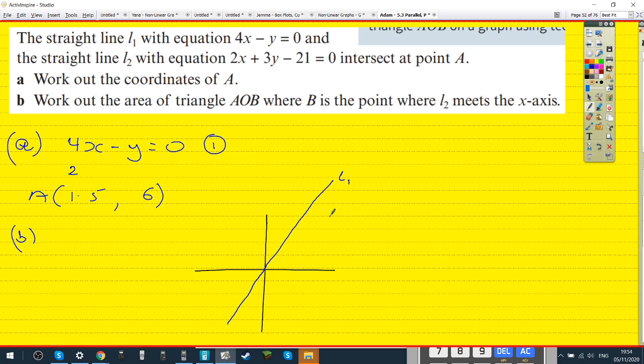L2 might look a bit like that. We found where they crossed over. That's A. O is the origin. And B is the point where L2 meets the x-axis. So that's B. Okay, so we have to find the area of that triangle.